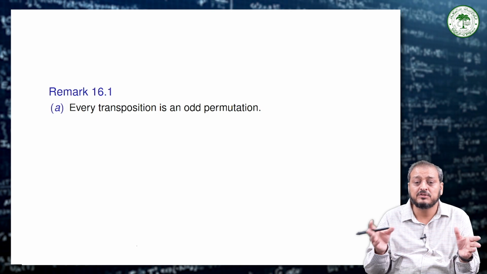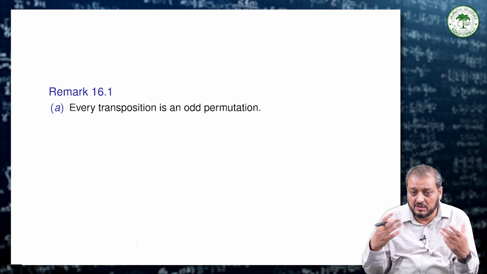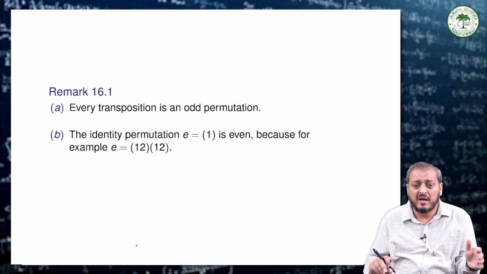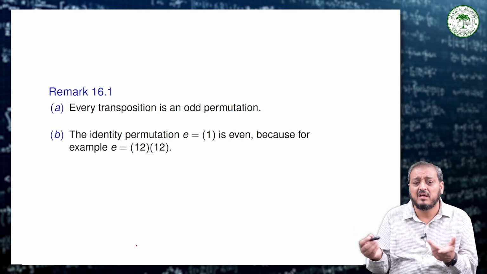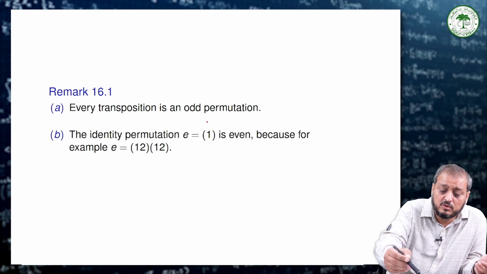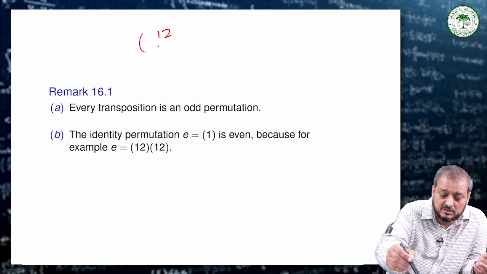Every transposition is an odd permutation, and the identity is always even. Take the identity permutation E; it can be written as (1 2)(1 2), which is (1 2) followed by (2 1).